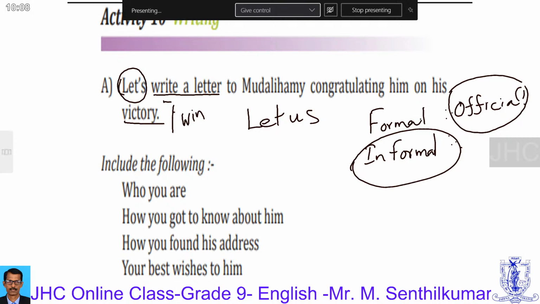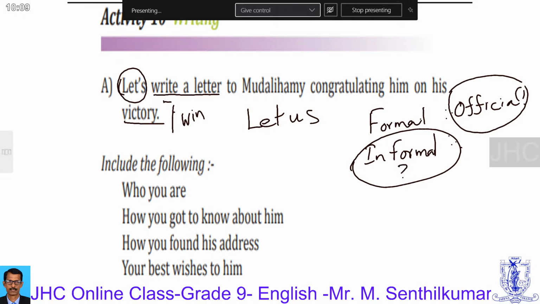Please let me know the time of the Zoom classes properly, or something you ask as a request. Or I don't have mobile phone facilities in my home. Could you please lend me or provide me a tab or something? You write a real letter. That comes under formal.